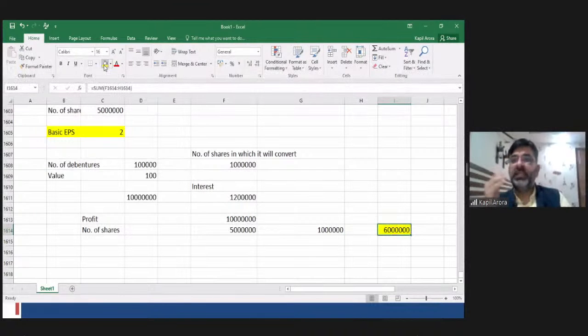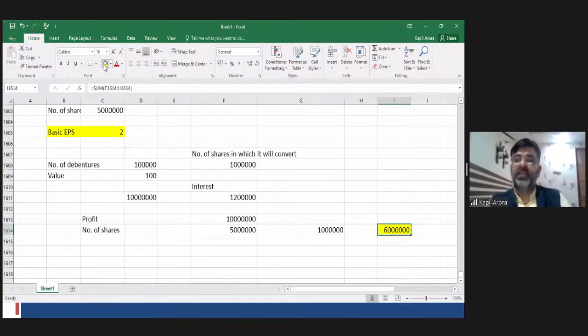It will definitely reduce my earning per share because the number of shares is going up. But if these debentures are converted, will there be any impact on my profitability? How much profit will get increased if these debentures are converted?